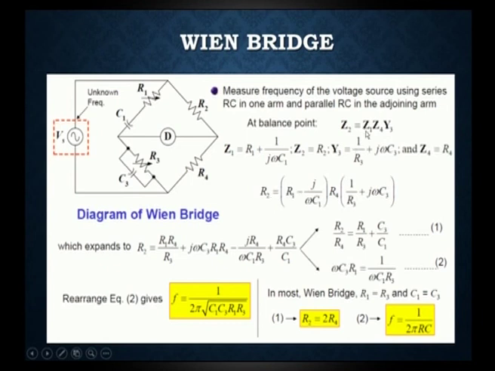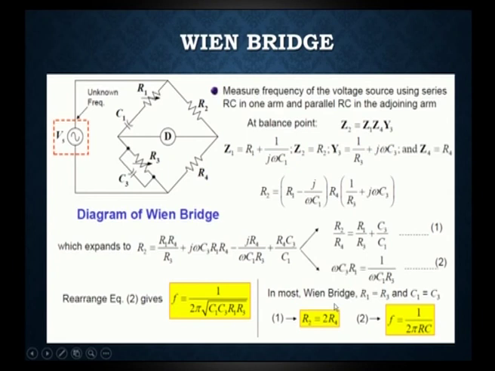So by substituting Z1, Z4, Y3 here, we get this equation. After simplifying, we get the real and imaginary parts separately as 2 equations, and the second equation gives us the frequency value in the Wien bridge.